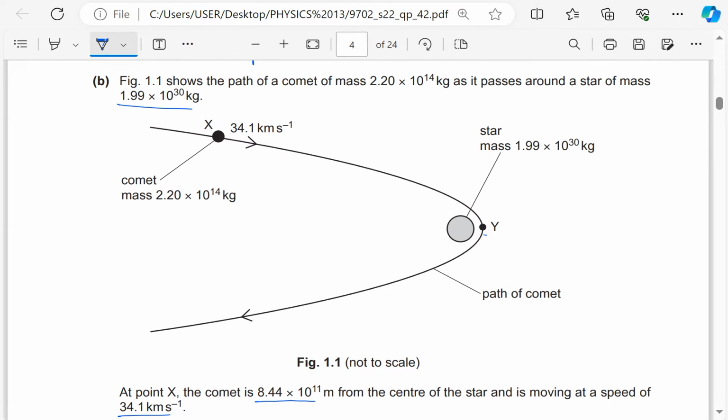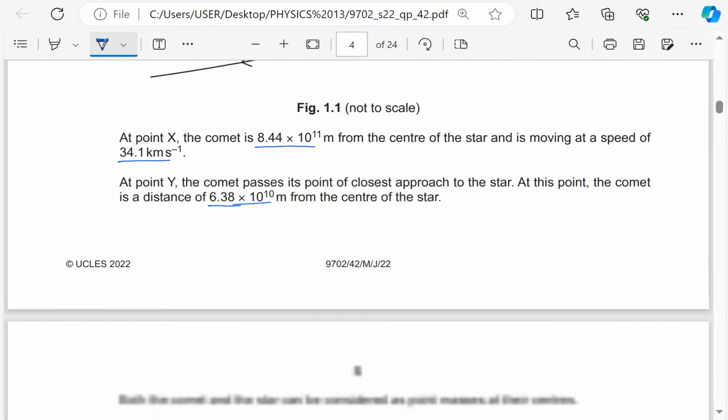Potential is greatest far away from the star. So the potential is greatest at X. So I will say potential energy at X minus potential energy at Y.